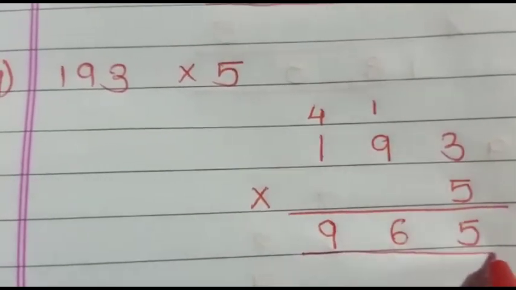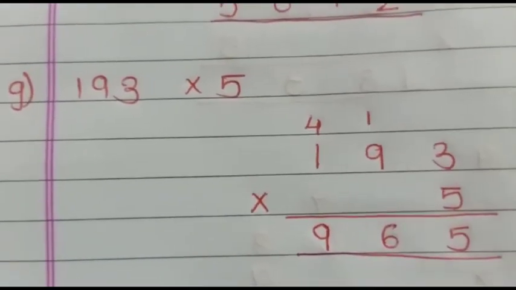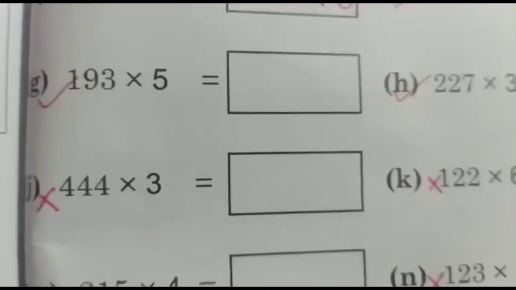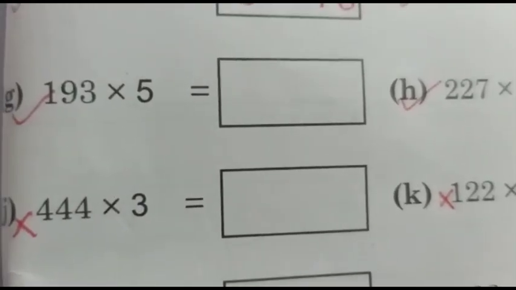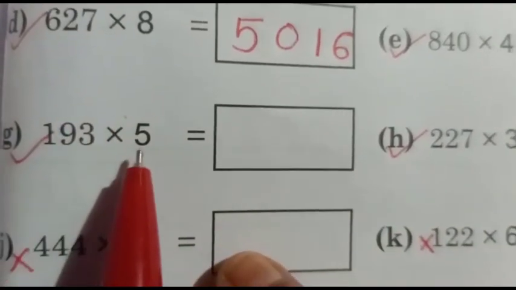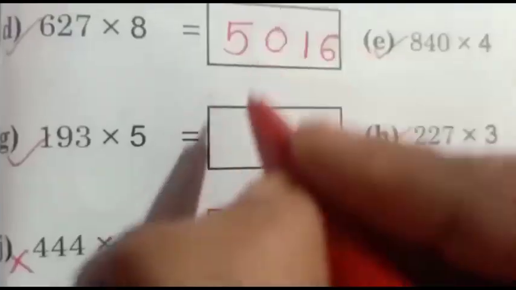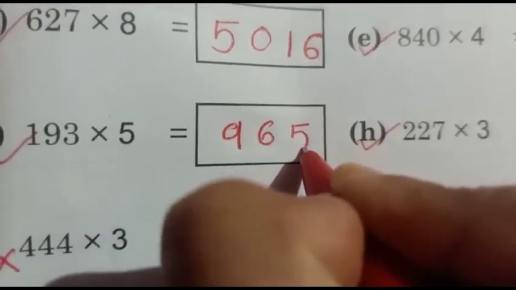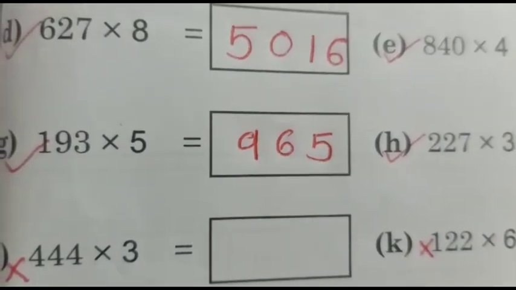So answer is 965. Now let us write it in the combined book. Now for G1 students, you are supposed to write the answer 193 multiplied by 5. Answer is 965.